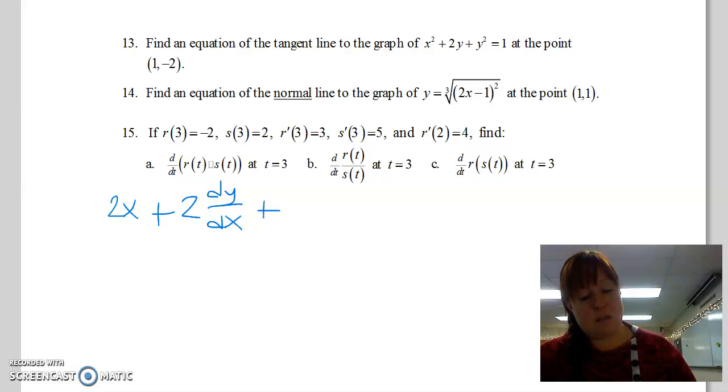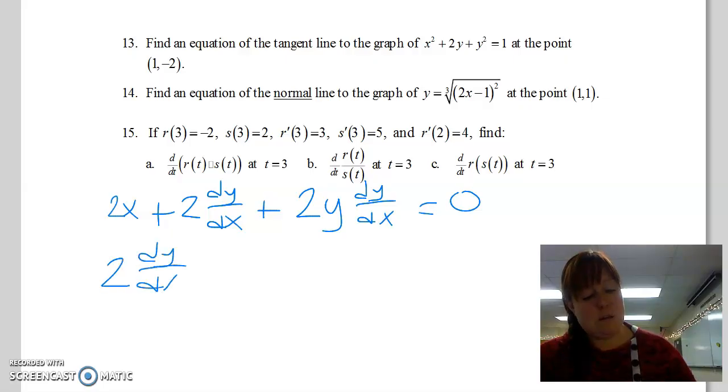plus 2y dy/dx equals 0. Then we subtract 2x from both sides, and we get 2 dy/dx plus 2y dy/dx equals -2x.